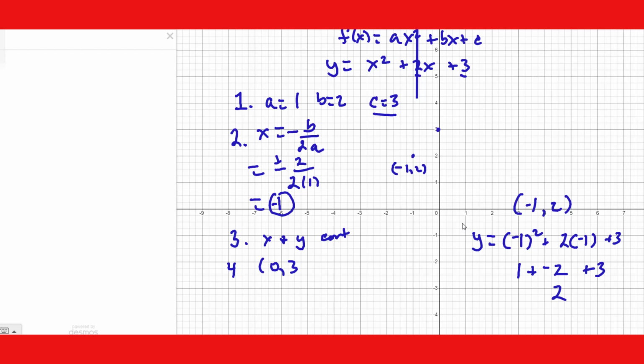The reflection of 0, 3 is going to be at negative 2, right? Negative 2, 1, 2, 3. So I'm going to graph the reflection there. And now I'm going to go ahead and get this parabola sketched over here. So I've got a parabola that's sort of going to look like this.